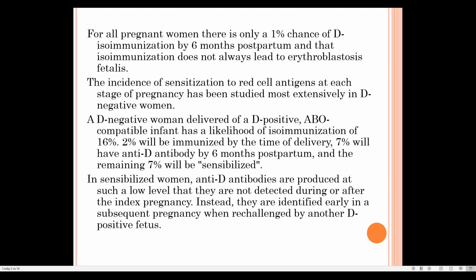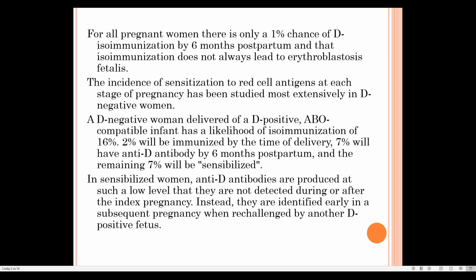For all pregnant women, there is only a 1% chance of isoimmunization by 6 months postpartum, and that immunization does not always lead to erythroblastosis fetalis. The incidence of sensitization to red cell antigens at each stage of pregnancy has been studied more extensively in D-negative women.